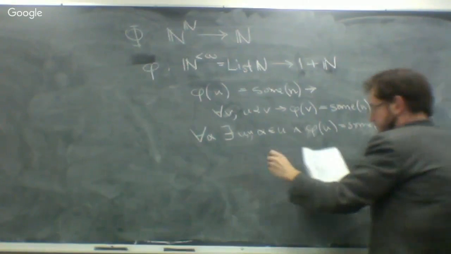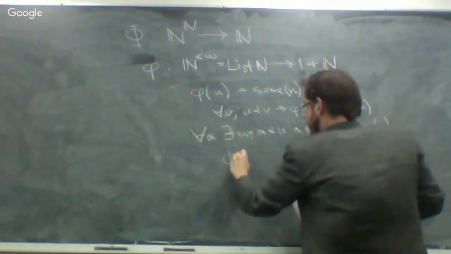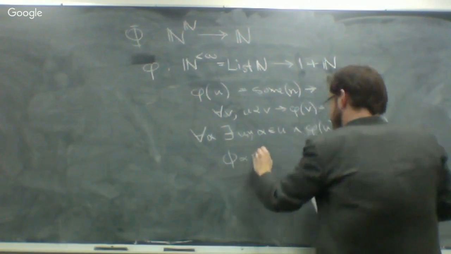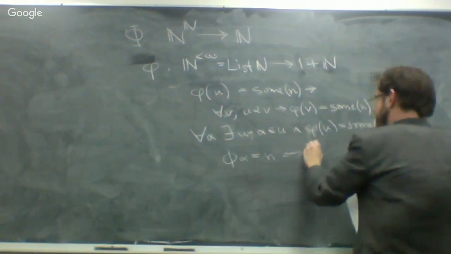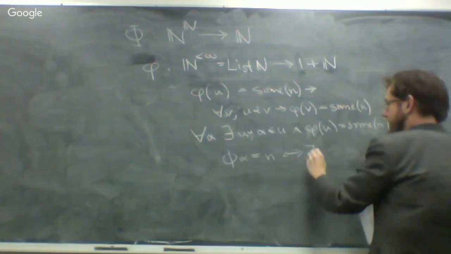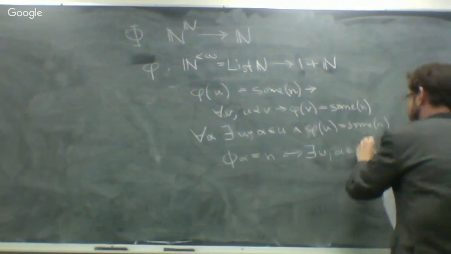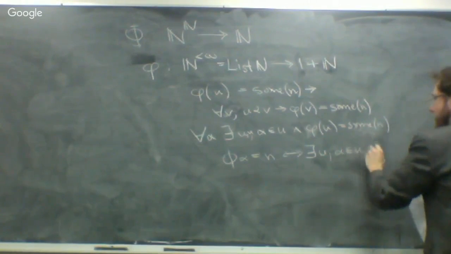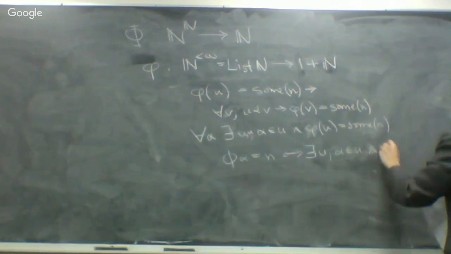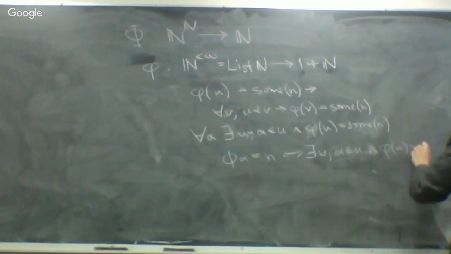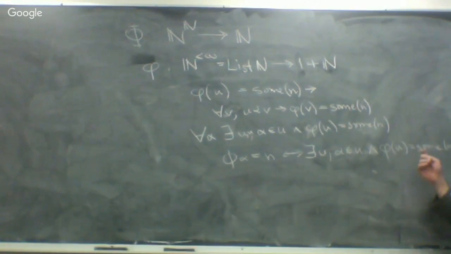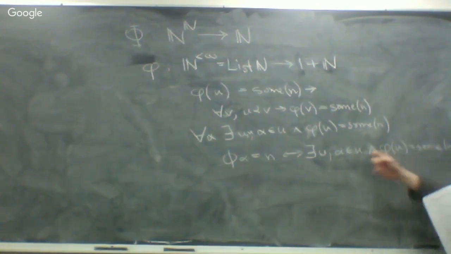And then we just say phi alpha equals n if and only if there exists a u, alpha is in u, and little phi of u is some n. And then that's independent of which u it is.